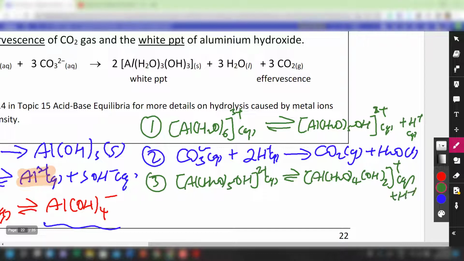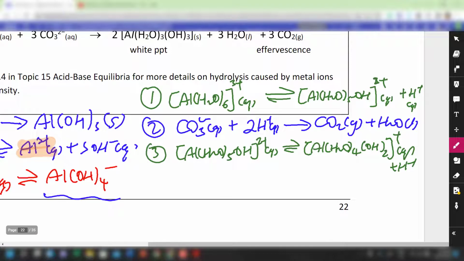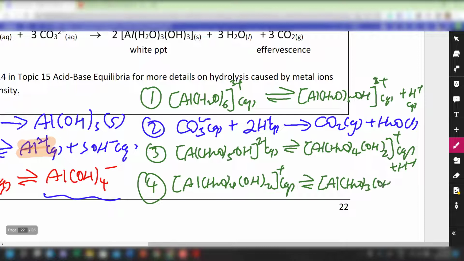When we add more and more carbonate, equilibrium 3 will shift to the right, and in the end another equilibrium will operate. When this equilibrium operates, another water molecule will be deprotonated, and in the process it leads to the neutral aluminum hydroxide, which we are all familiar with.